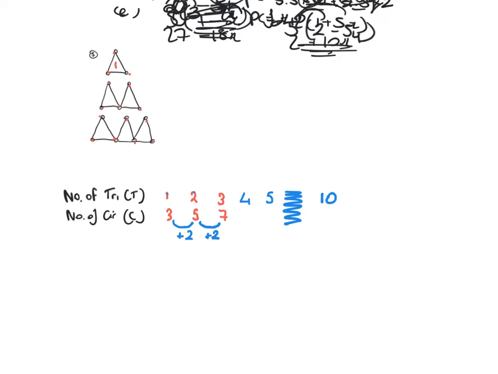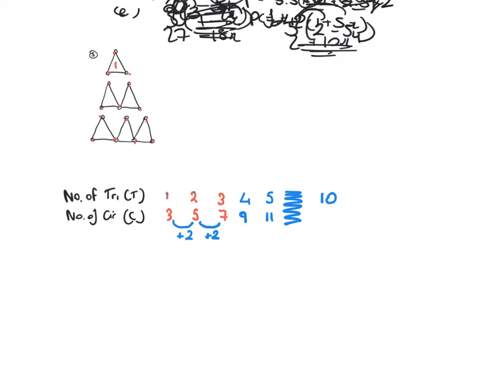So it's fairly obvious then that for 4 triangles that will be 9 circles, and for 5 triangles that will be 11 circles. There's then a jump to get to 10. So there's a cleverer way than doing this than trying to make those jumps from 5 triangles to 10 triangles, and we're going to come up with a formula.